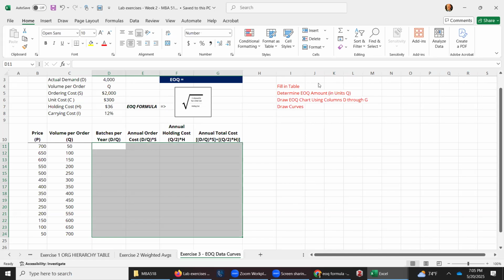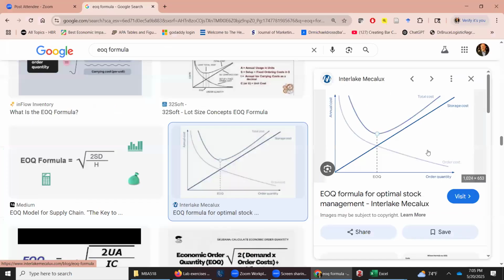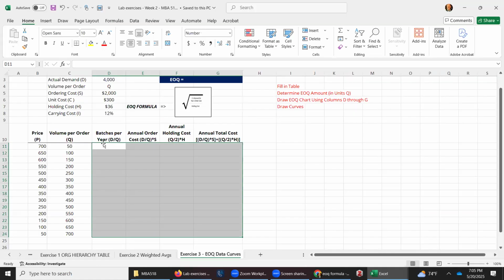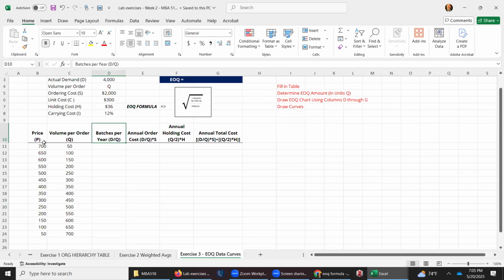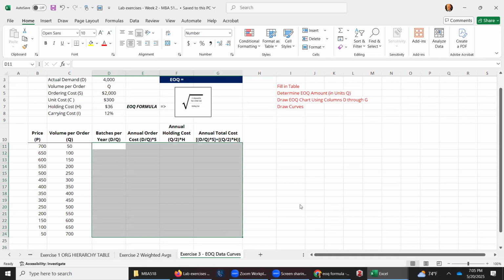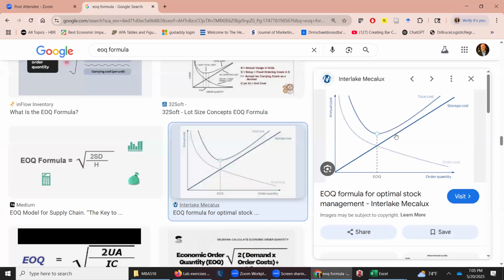We sort of know the chart should look something like this. So when I do all these calculations, demand divided by quantity, and I fill all that out, same thing, D divided by Q times S, and so on, I know that my chart should look something like this. Does it make sense?